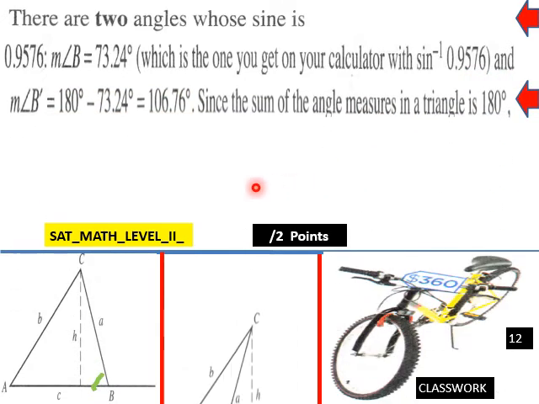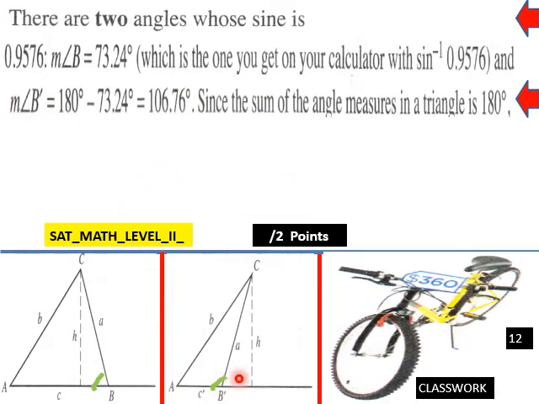And the measure of angle B tilde, which would be this measure here, would be 180 minus 73.24, which is 106.76. Here's your reference angle. You take the measure this way and you get 106.76 there.